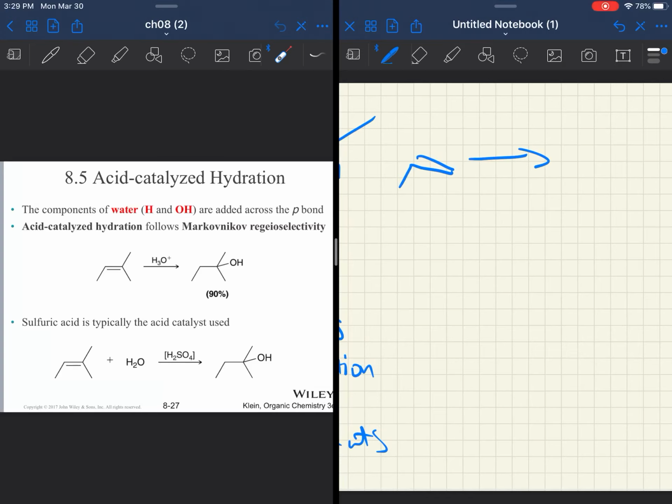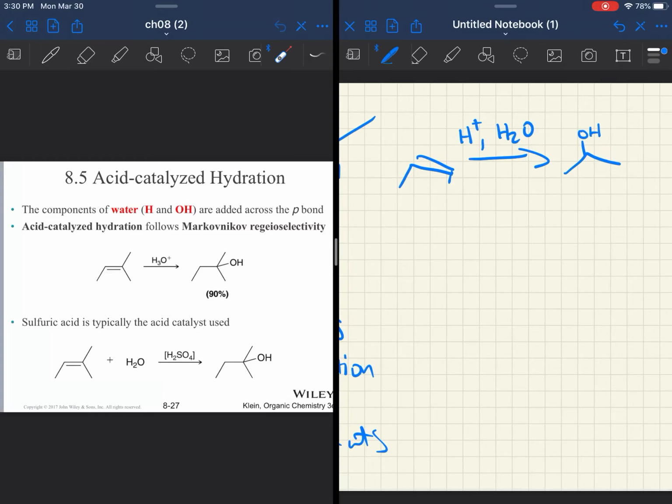So if we are going to see this on an exam or a quiz, there's a couple ways that you might encounter this, right? H3O+, water, and H2SO4. Often sulfuric acid is the acid of choice. You may also just see it generically written as H+ and H2O. What's important here is that you are getting a dilute acid, right?